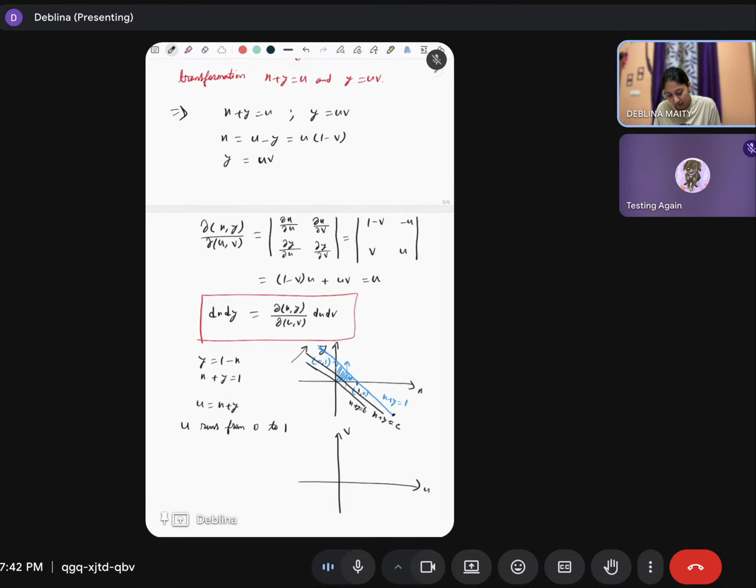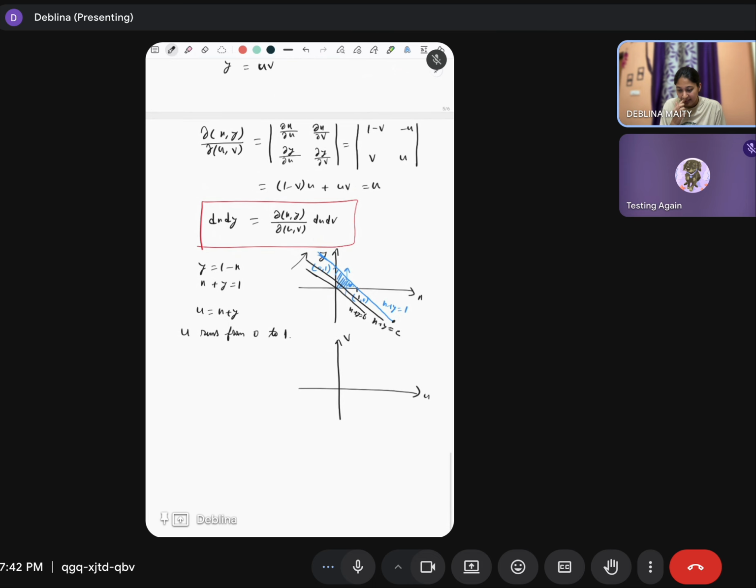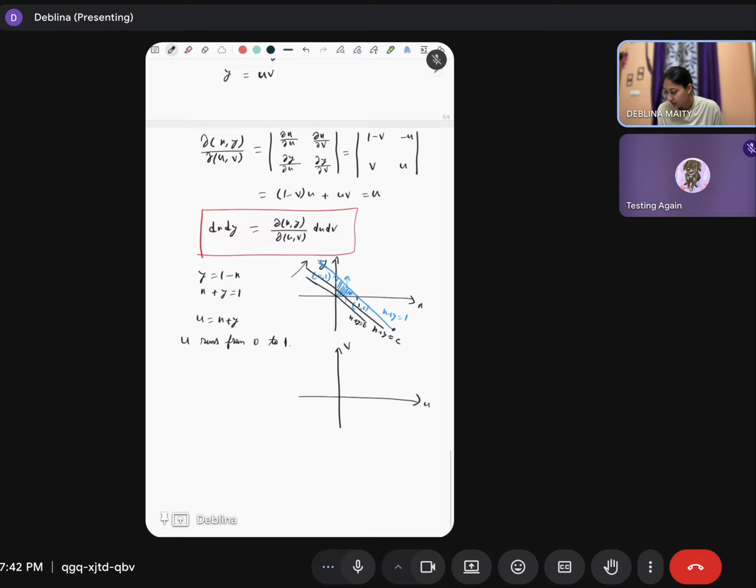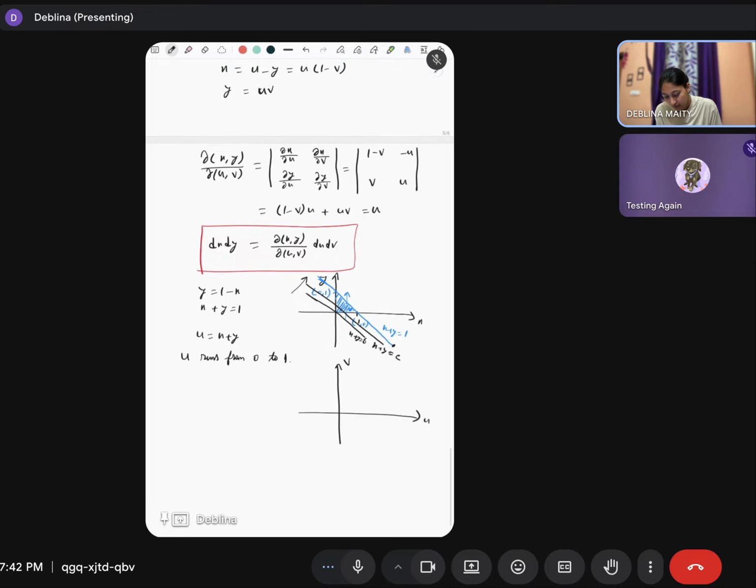Now where is v running from? So we have y equals uv, right? And the value of y was from 0 to 1. So 0 is less than or equal to uv, which is less than or equal to 1.